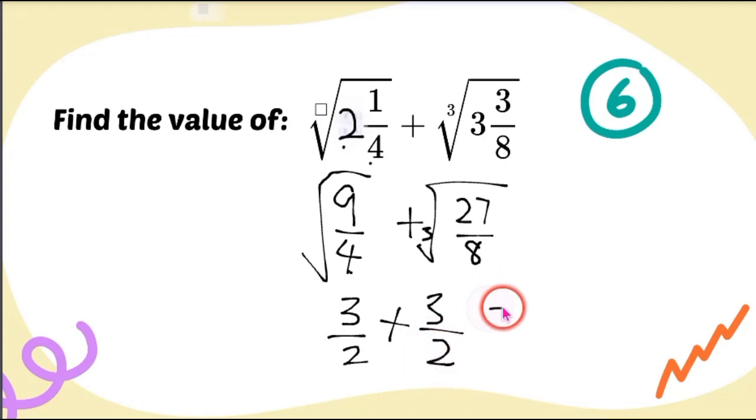So when you look at this, there's no need to go through the long method of using your LCM and all that. You have the same denominator, just pick one of it. So 2, 2, just pick one, and then you add the numerators. So 3 plus 3 is 6, so 6 over 2. Final answer 3.